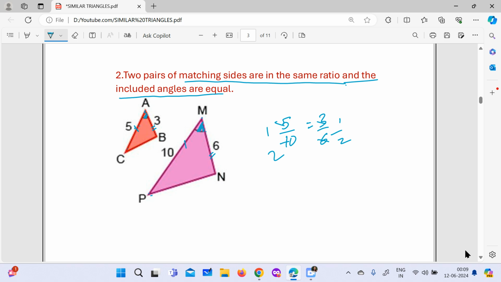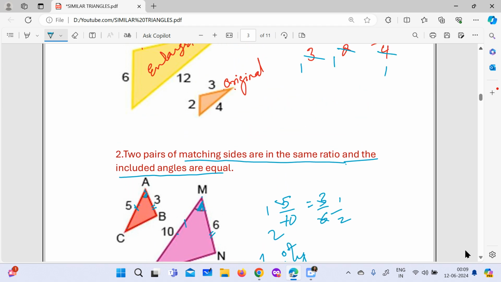So when you get two pairs of sides in the same ratio and the included angle between the sides is equal, then our triangles are similar. So we call this one SAS similarity.